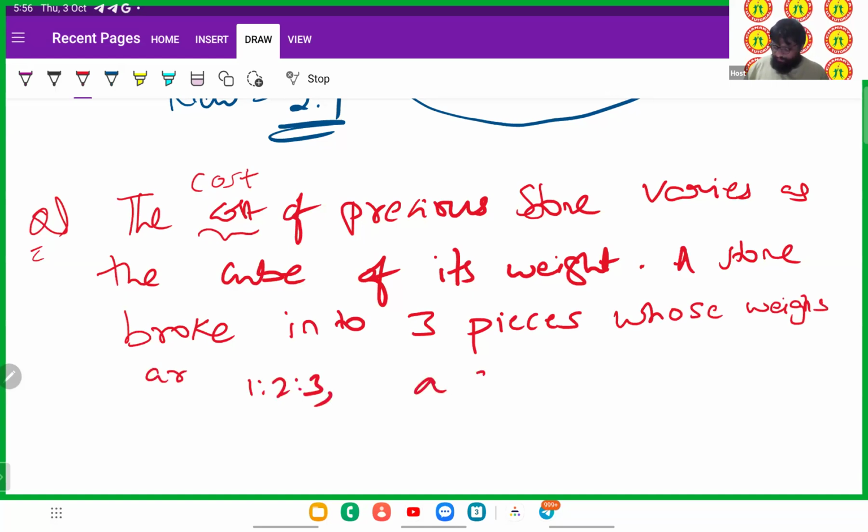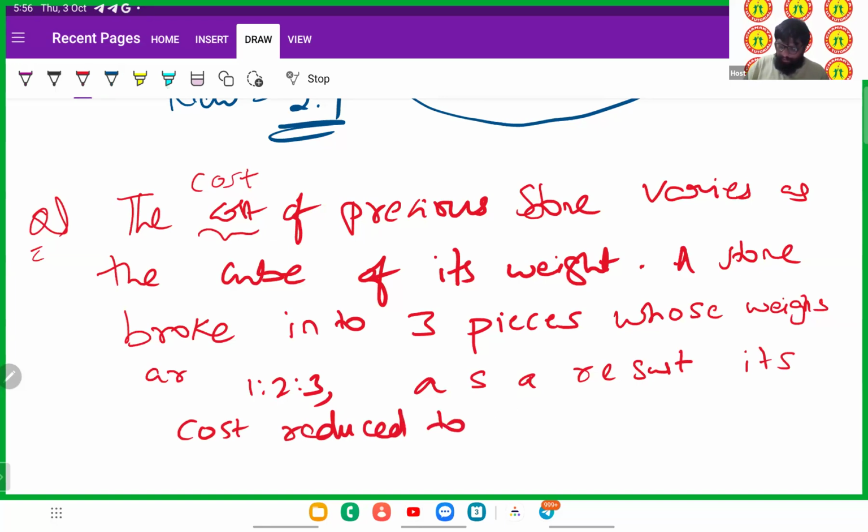As a result, its cost is reduced by, sorry, not to, it's by rupees 80,280. What was the cost of the unbroken stone?